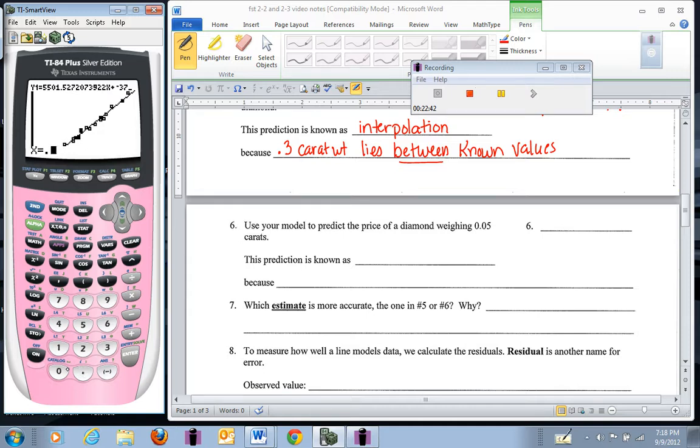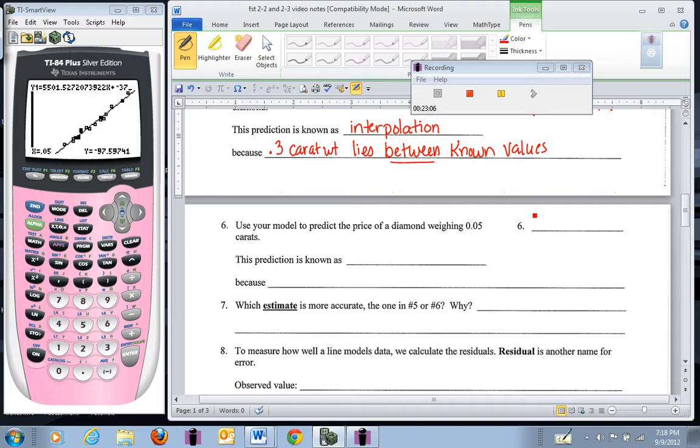Then you can put 5/100 of a carat in here and see what it would give you. Okay, according to this line of best fit, it would give me approximately negative $97.60, right? Negative $97.60.